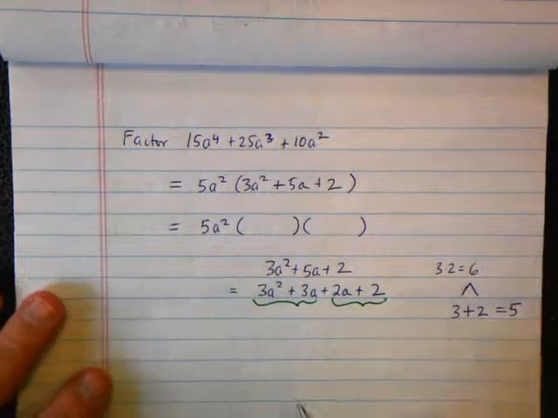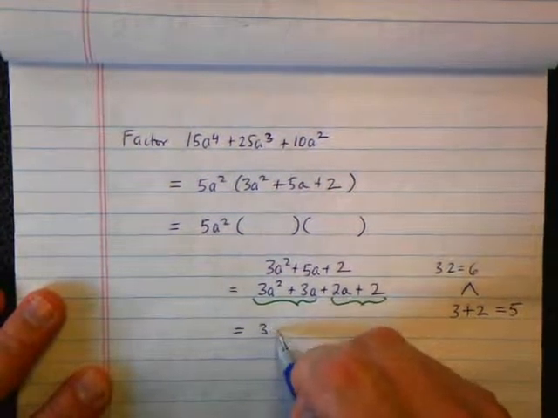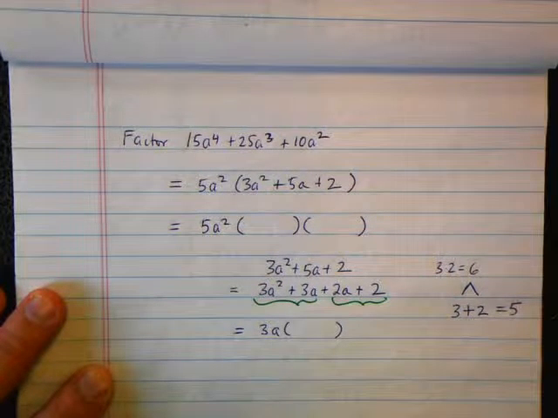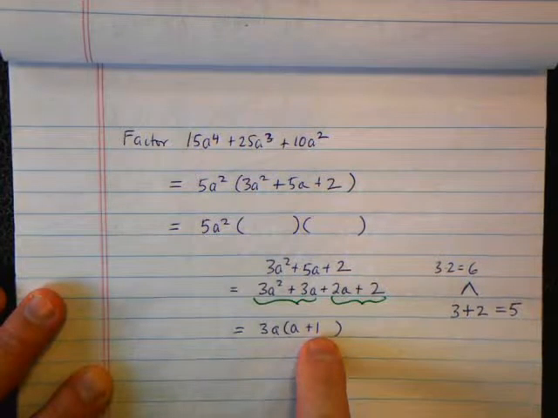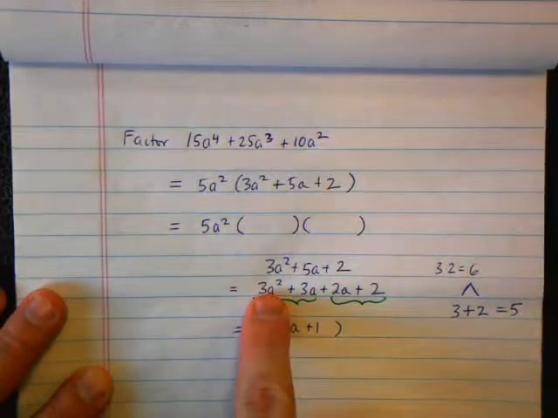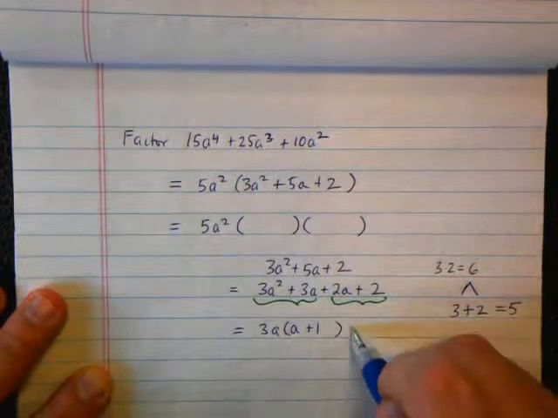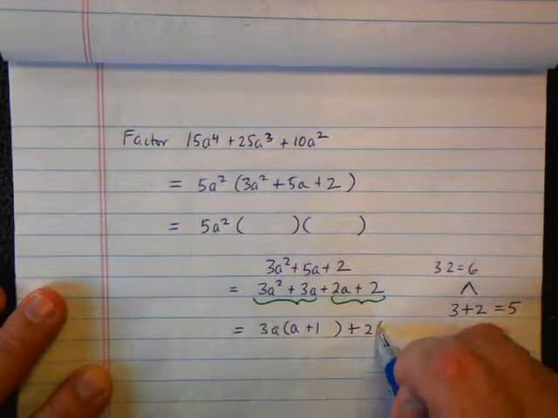What's common to the first pair? 3a. And when you factor 3a out, what's left over? A plus 1. Excellent. Very easy to forget the plus 1, but you need 3a times a to get 3a squared, 3a times 1 to get the 3a. Plus, what's common in our second group? 2, and left over?